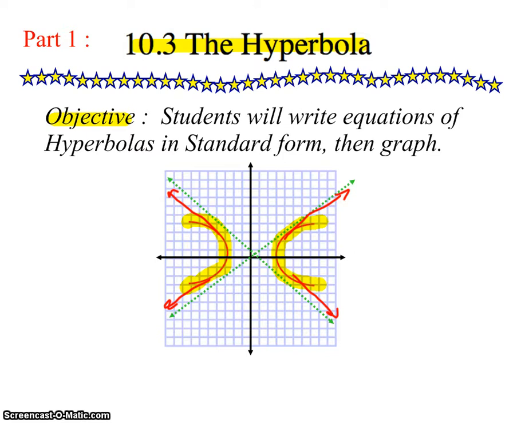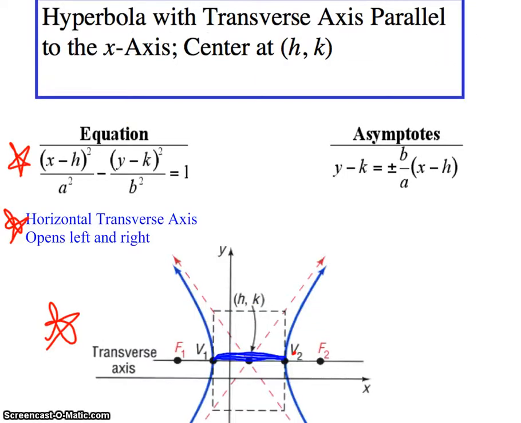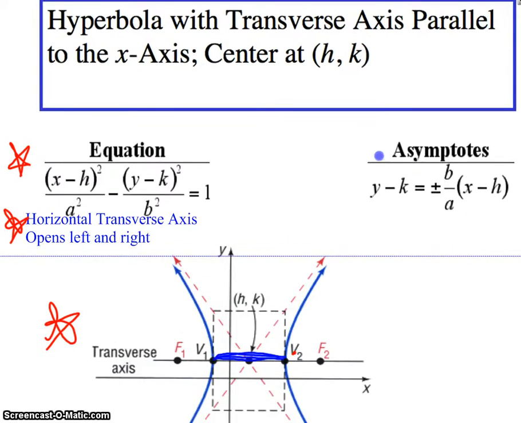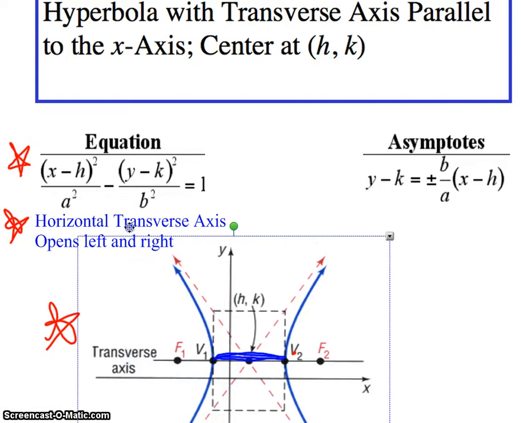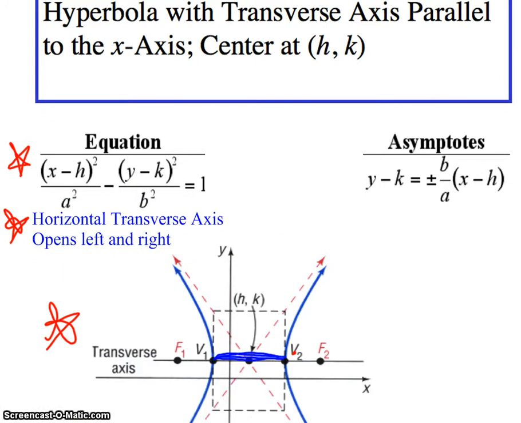All right. So a hyperbola can open two different ways, depending on which variable is positive. In this equation here, if your x is in front, if it's positive, then it will have a horizontal transverse axis.